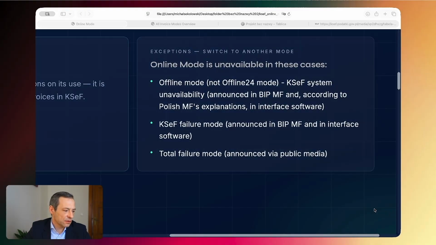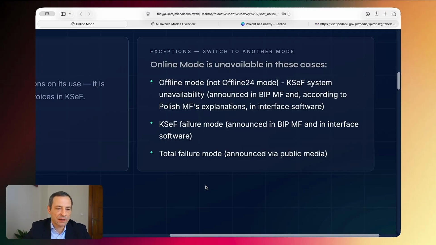Of course, the plans of the Polish Ministry of Finance to conduct such maintenance and service work will be announced by the Polish Ministry of Finance in the Bulletin of Public Information, and according to the Ministry's explanations, manuals, also in the interface software itself.